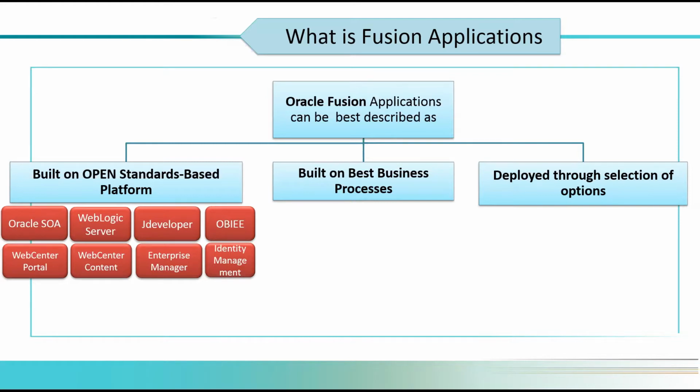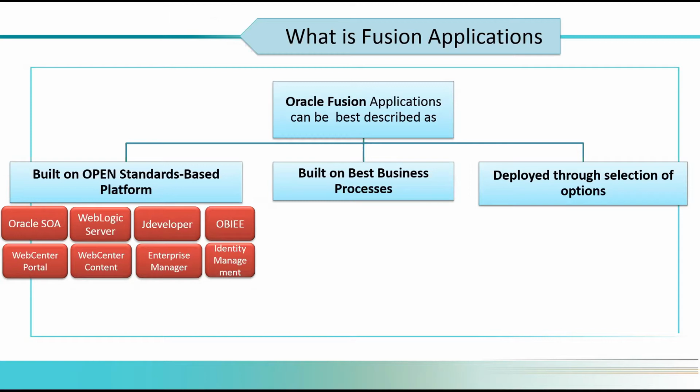Some of the components to mention here: Oracle SOA, Oracle Service Oriented Architecture, where we can build process flows or workflows seamlessly. And we have WebLogic Server, where we can deploy any of our Java applications, custom Java applications, or extensions to the Fusion Applications.